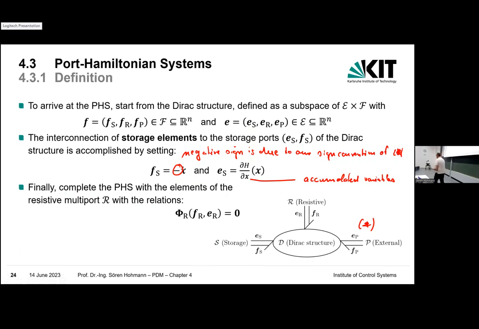And this is possible. Is it surprising that it's possible? No, because we know from our considerations, for example, for the mechanical domain, that we can mix up the variables.